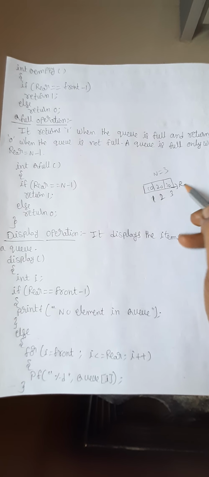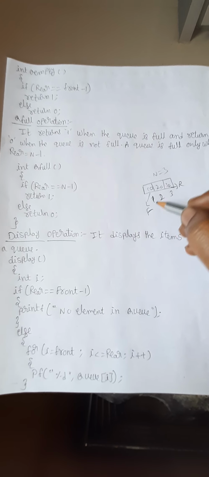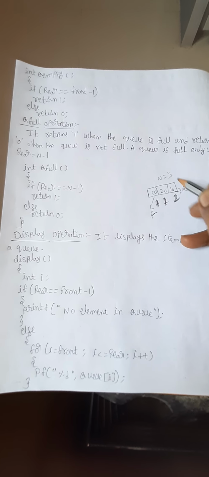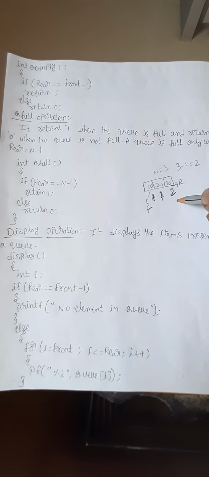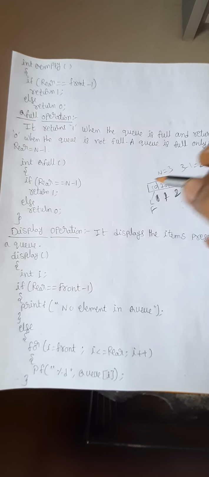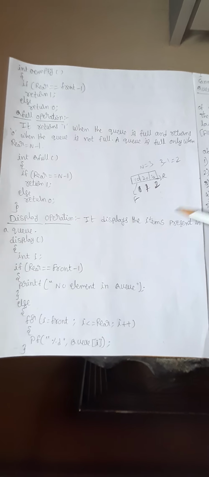This is rear and this is front. Here rear equals n minus 1, that is 3 minus 1, which equals 2. The rear value is n minus 1, so it is full and returns 1, otherwise it returns 0.